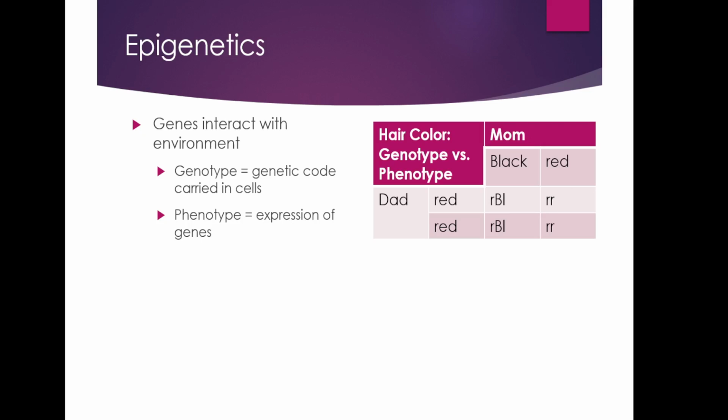So that means that he has two genes, both of them are coded for red hair. Red hair is the least common hair color because it's the most recessive. So only 4% of the world's population has naturally red hair. So I know for sure that if dad has naturally occurring red hair, he has two recessive genes for that.